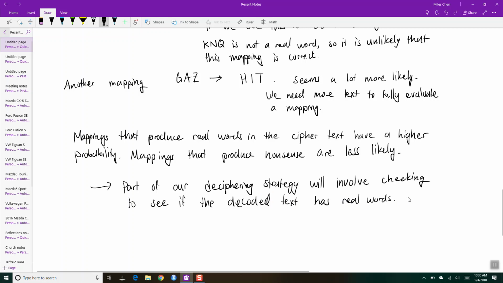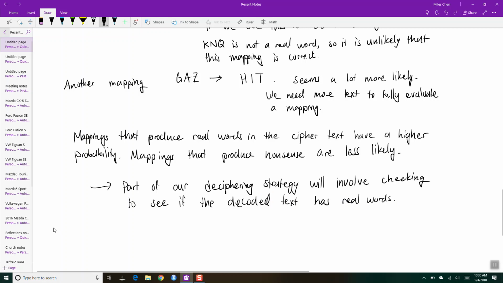That's great if your mapping can produce real words in the first place, right? But with 26 factorial possible mappings, there's going to be a lot of mappings that will still not produce any real words. Okay? And we need a way to still evaluate those because some of those mappings are better than other mappings, right?